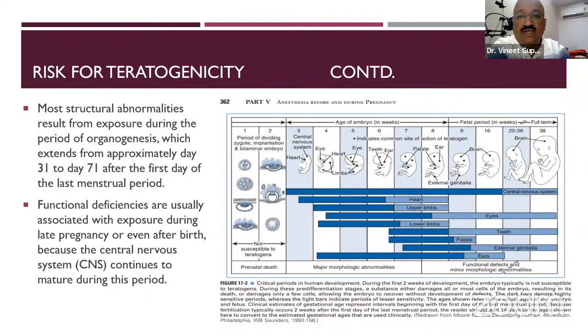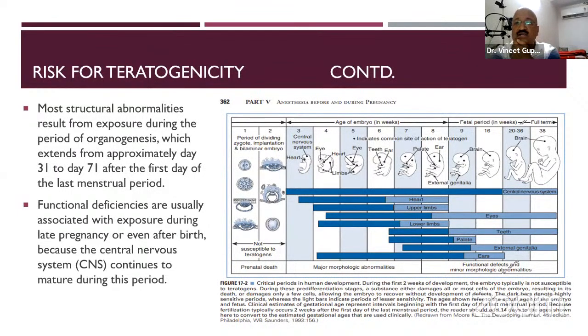In the 3rd week, 4th week, eye, heart, and limbs, and then 5th week, eye, 6th, teeth and ear, then palate, then ear. We can see the dark bars followed by the light bars in the same area. The dark bar is higher susceptibility, and the light bars are lower susceptibility.